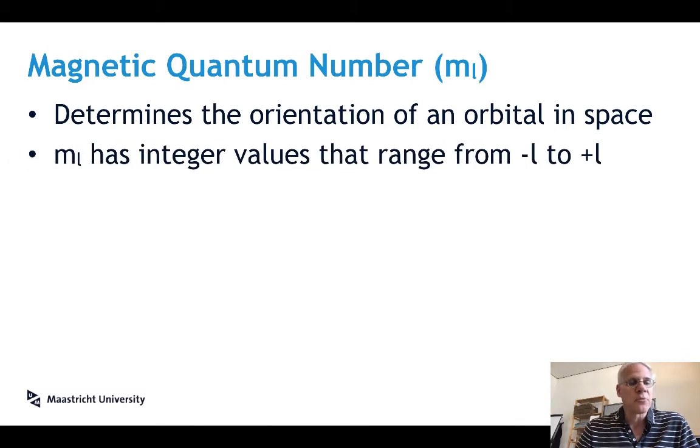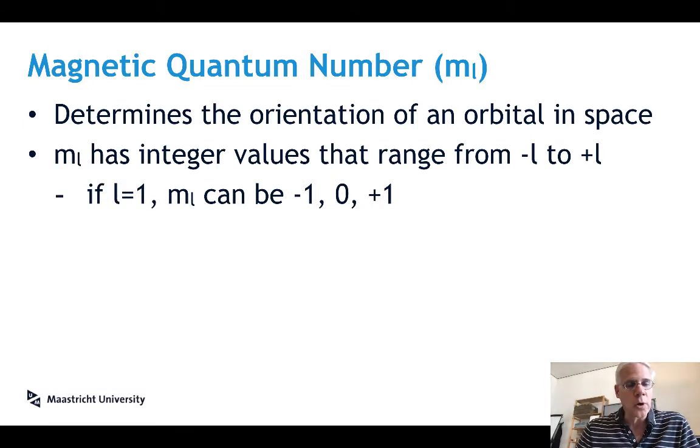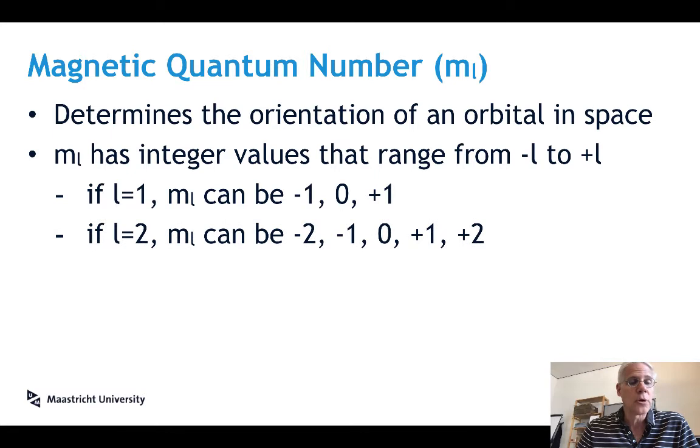And M sub L also has allowable values, and they are dependent on the value of L. So M sub L can go all the way from minus L up to plus L, including 0, so all integer values in between. So if we had an L equal to 1, a p orbital, M sub L could be equal to minus 1, 0, or plus 1. And if we had an L value of 2, we can go all the way from minus 2 up to plus 2.